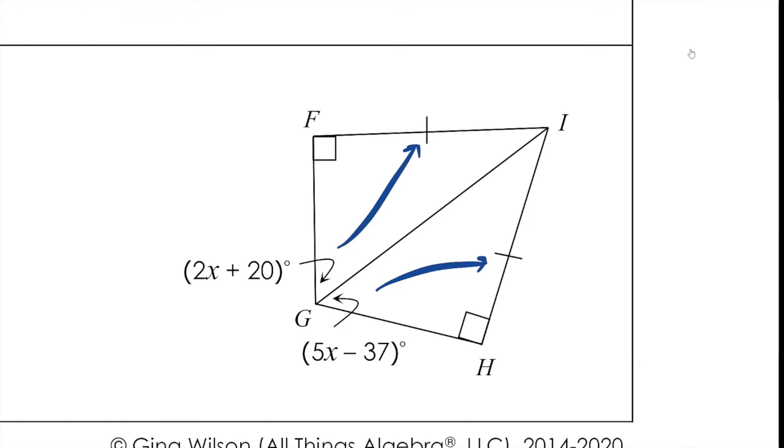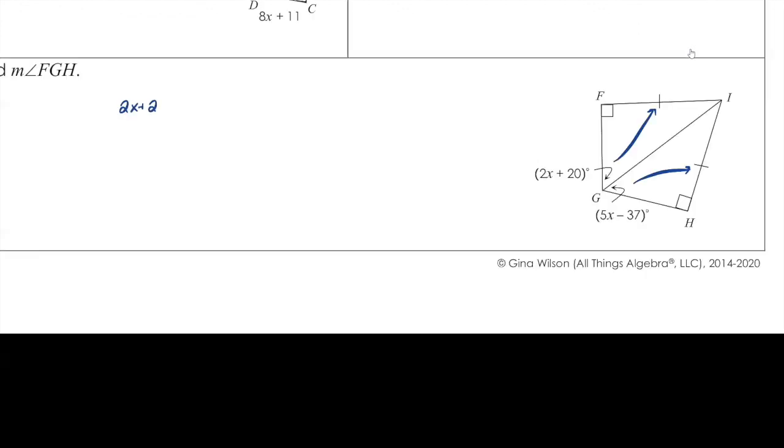So they can reach back and they can challenge. That's almost CPCTC. And by almost, I mean it is. Because we can prove the triangles were congruent using hypotenuse leg. And then because my triangles are congruent, what do we mean about all the remaining corresponding parts? They are also congruent.